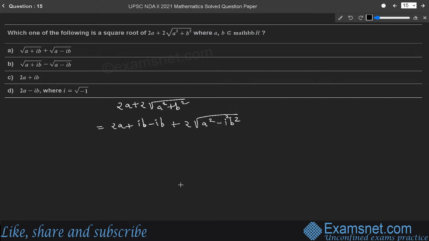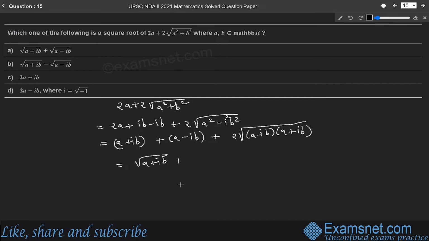So it will be equal to a plus ib plus a minus ib plus under root 2 into a minus ib into a plus ib. On further simplification, it will be equal to under root of a plus ib plus under root of a minus ib whole square.